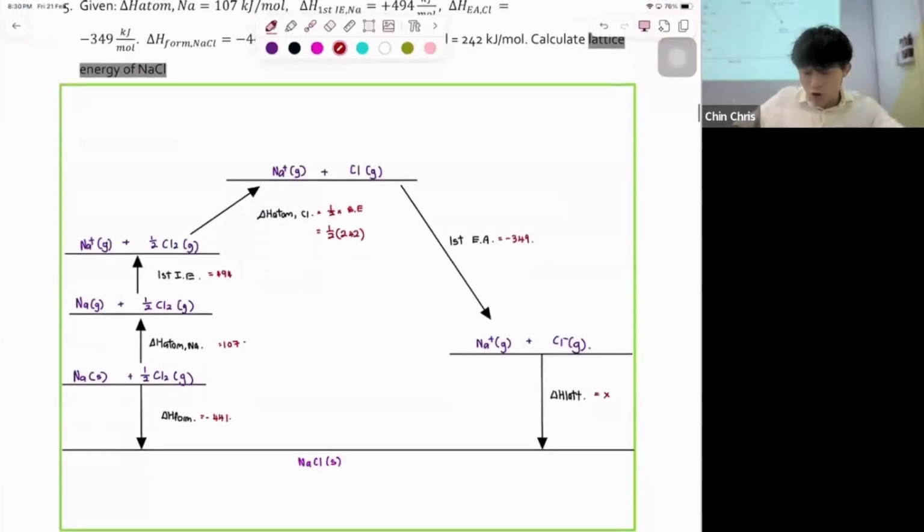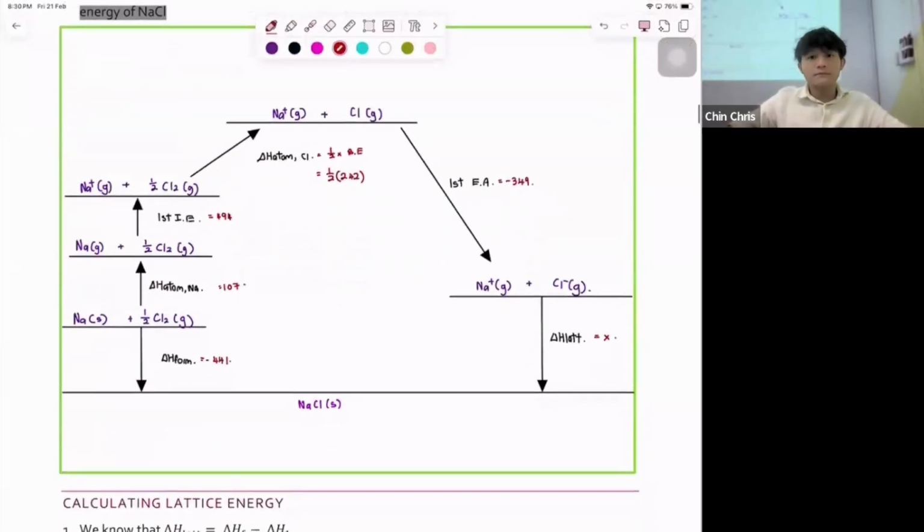And this is my lattice energy, which is X. Okay, guys, once done.